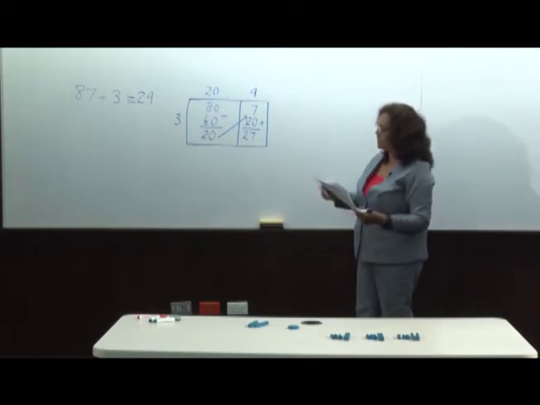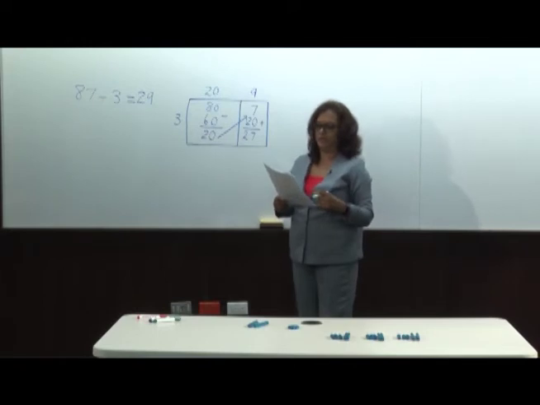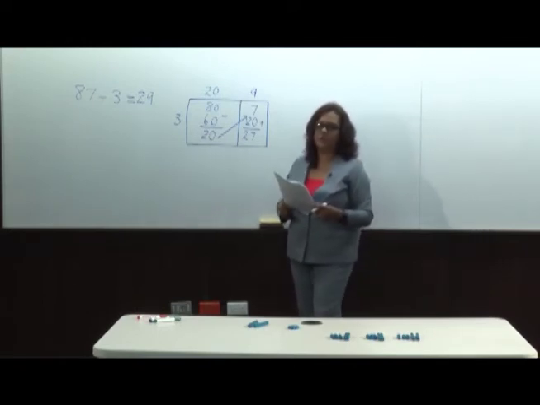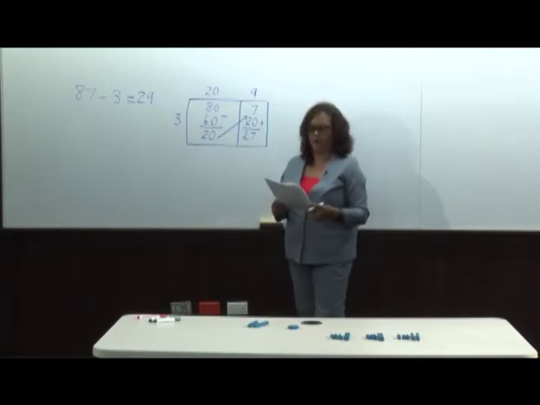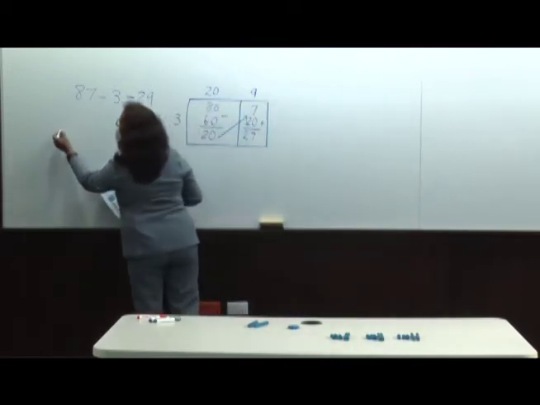I can take this now and start getting into my algorithm, but I'm not going to do the long division algorithm yet. I'm actually going to do the short division algorithm. So I'm going to come here and write my problem like this.